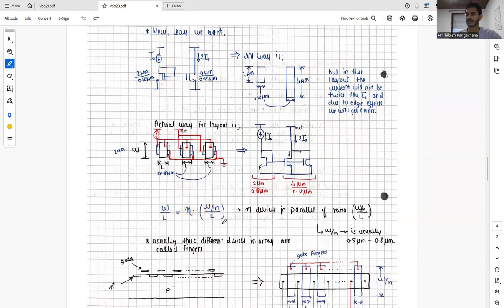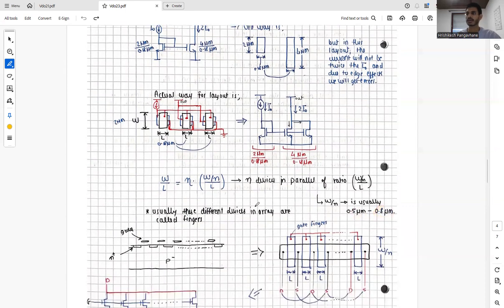So from this we can say that we have n devices in parallel of the ratio omega by n divided by L, where omega by n is usually 0.5 micrometer to 0.8 micrometer.